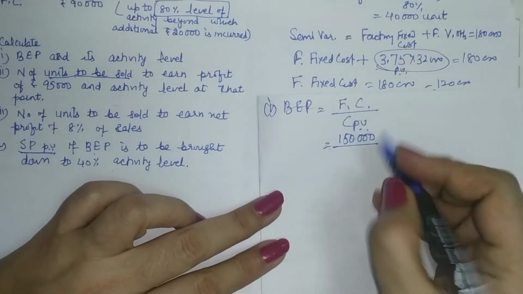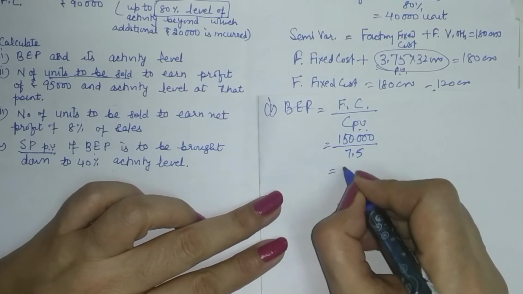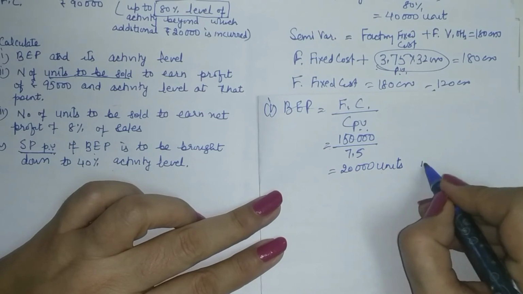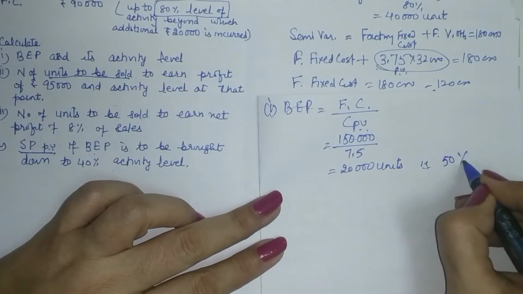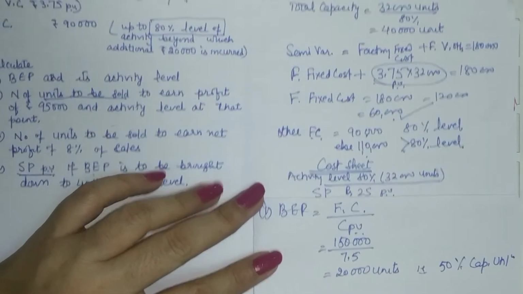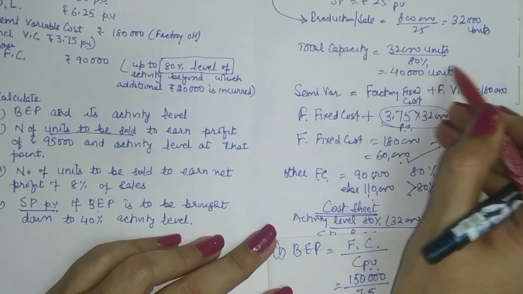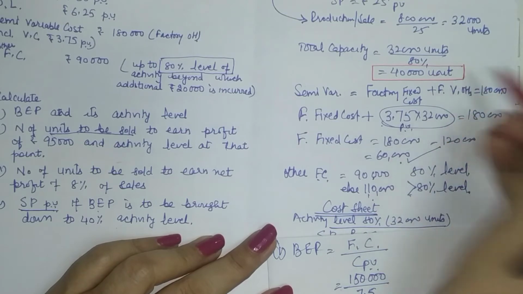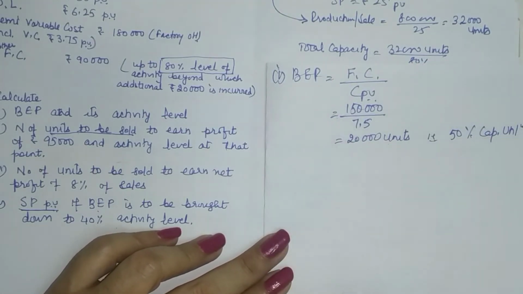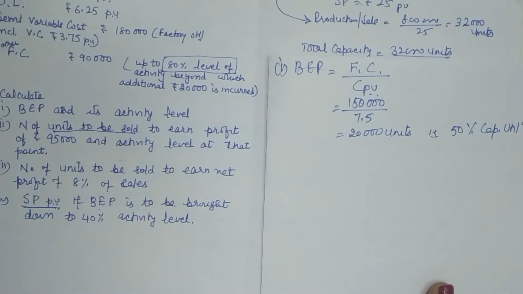Contribution per unit is 7.5. So that gives us 20,000 units. So 20,000 units implies 50% capacity utilization, isn't it? Because your overall capacity is 40,000 units. So if you are producing 20,000 units at break-even point, it means you are utilizing 50% capacity.